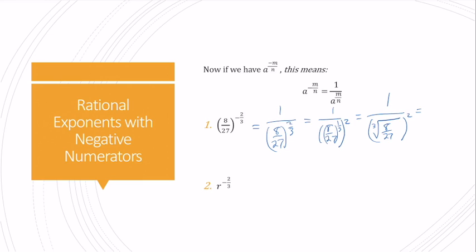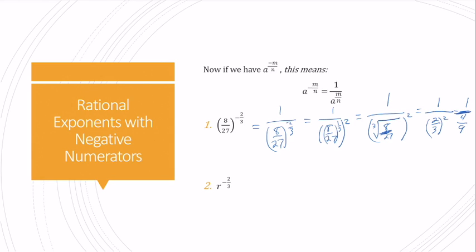Okay? Remember, when I'm taking the square root or the cube root of fractions, I take the square root of the numerator and the square root of the denominator. Well, here I'm going to take the cube root of the numerator and the cube root of the denominator. That leaves me with 1 over 2/3 squared, which leaves me 1 over 4/9.